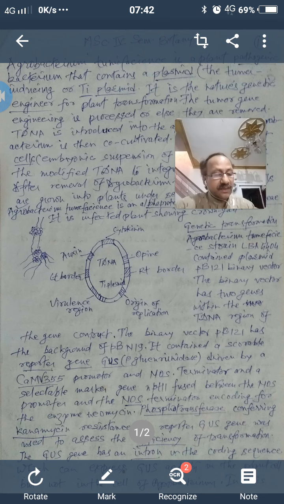The GUS gene has an intron in the coding sequence, a very long chain coding the genes to be transformed from the side of the Ti plasmid into the cell, which can express GUS activity in the plant cell, but not in the cell of Agrobacterium. So that is a tool, that is the Ti plasmid.